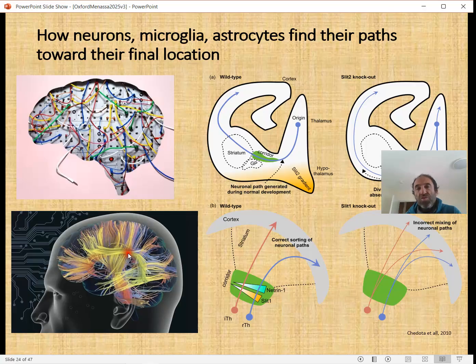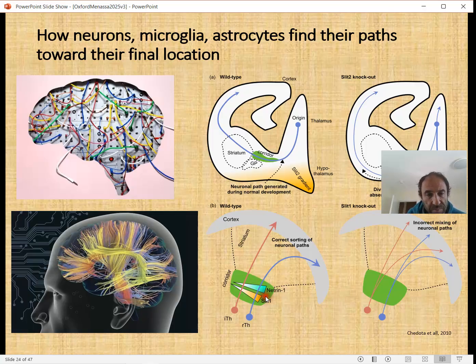This is well illustrated here by this case where you have thalamic neurons that have to project into the cortex and need to go through this corridor. And in the absence of one type of gradient, they are missing the corridor. Another example is this thalamo-cortical axon that has to go through this corridor.